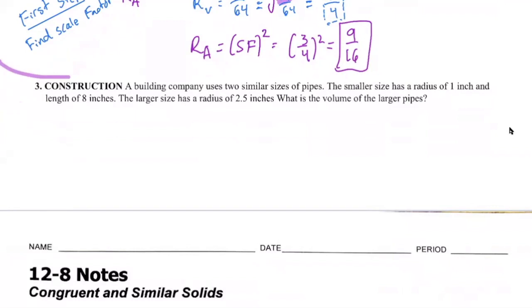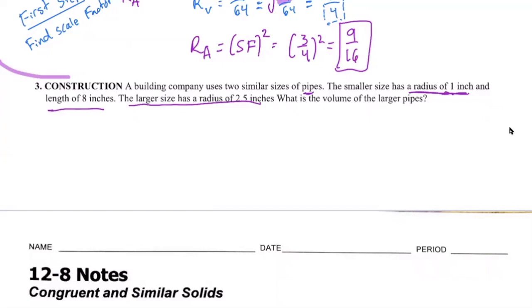So right now, the question says a building company uses 2 similar sized pipes. The smaller size has a radius of 1 inch and length of 8 inches, and the larger size has a radius of 2.5 inches. So you can actually solve this using your old knowledge of similarity.